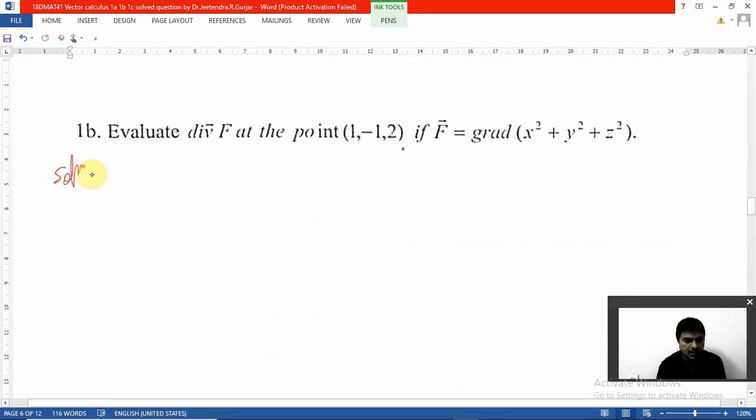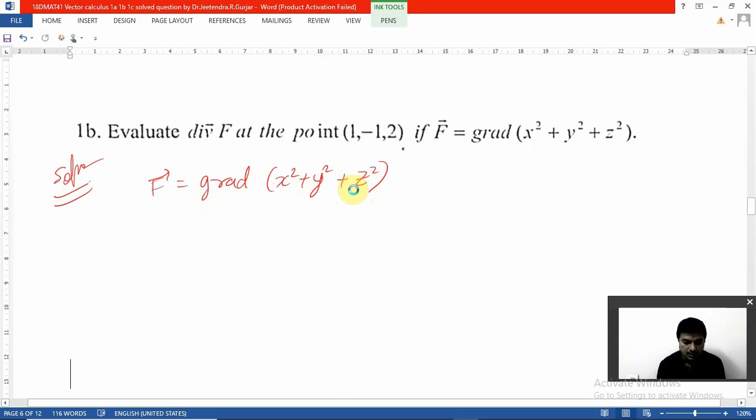Okay, here in the second question, evaluate divergence of f bar at the point 1, minus 1, 2 if f bar is equal to gradient of x square plus y square plus z square. So here you can see, students, f bar is given, that is gradient of x square plus y square plus z square. So now I am going to simplify this.